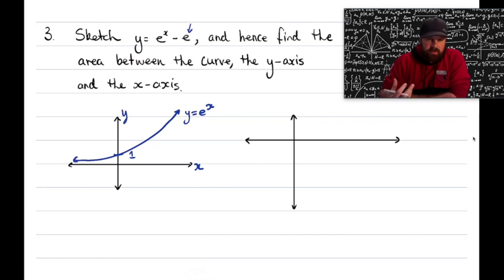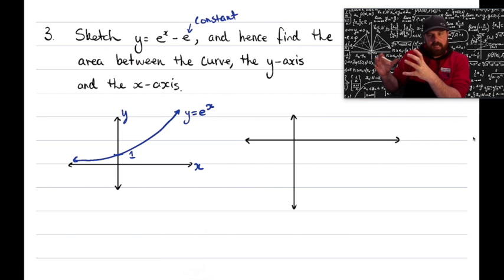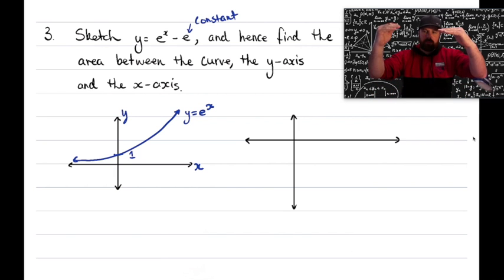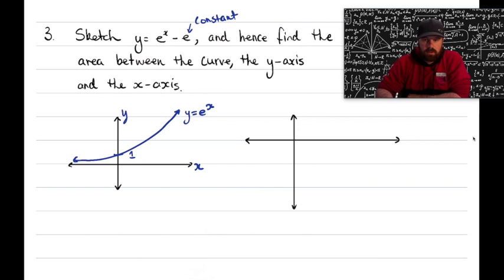It does not have the variable associated with it, so it is just a constant term. Remembering from graphs, that constant at the end describes a vertical shift up or down. So we know that this whole graph has been moved down e units.